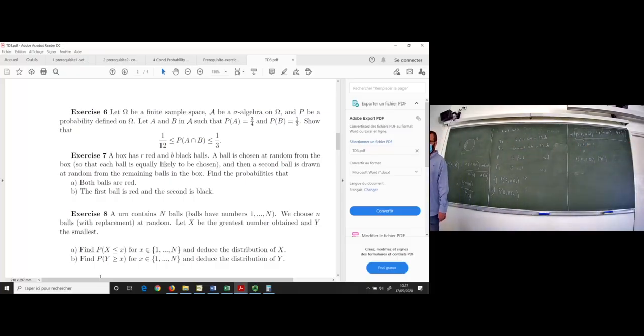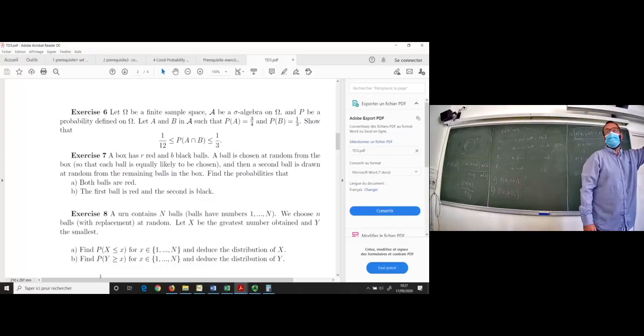Here, P of R1 is equal to what? What is P of R1 here? But I choose one ball in the box. How many balls in the box? R plus B. R red, B black. So at the beginning, I have in my box R plus B balls. And I want to compute the probability that I choose the red one. How many red?